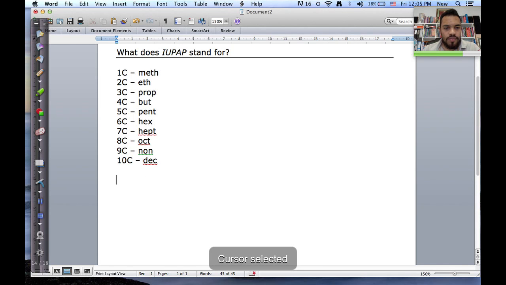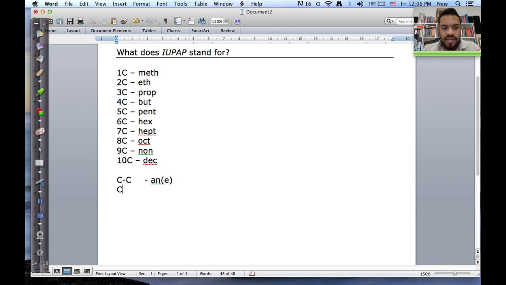Okay, so if I've got a carbon with a single bond between the carbon, we will add the name and we'll make it ane. The name must end in AN, and I'll put a bracket there because you add the E on like we've had alkanes, if it's an alkane.